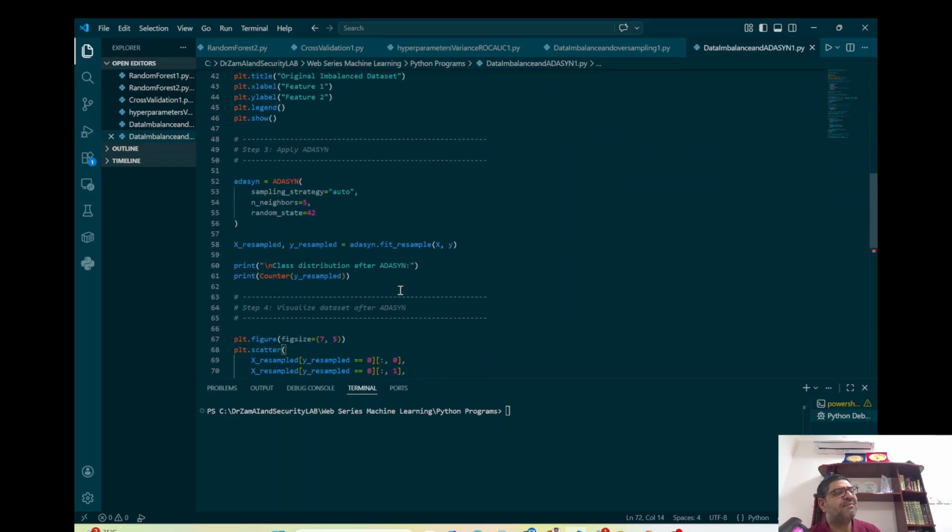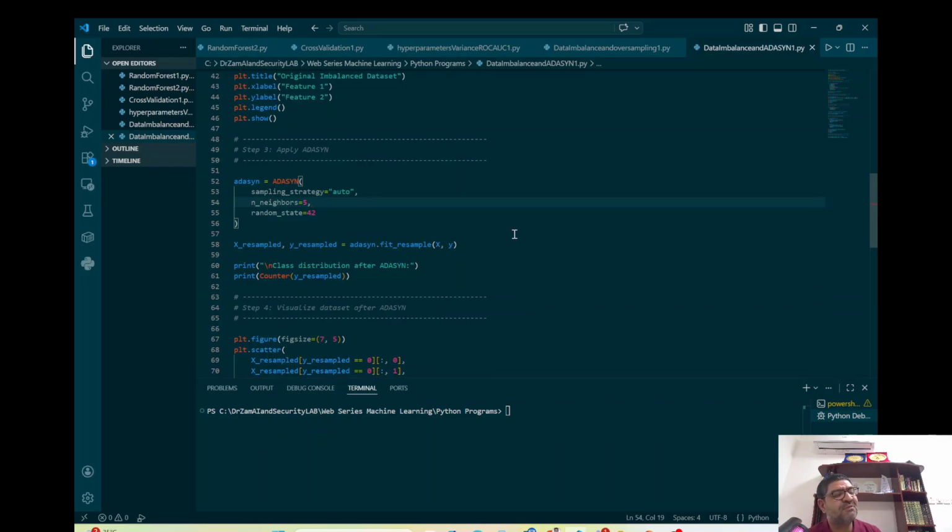And then we are using the adaptive sampling. Sample strategy is auto, so it will be automatically fixing it, and the neighbors, those 5 points, it will be seeing near to a particular minority, and it will be putting values in those if they are not available there.